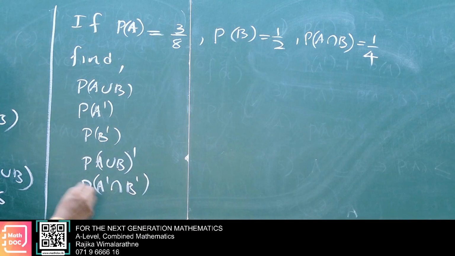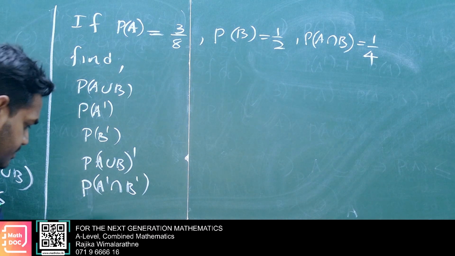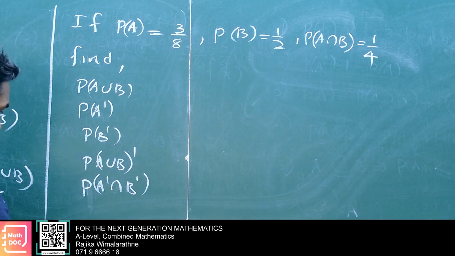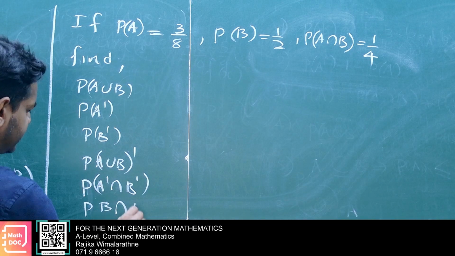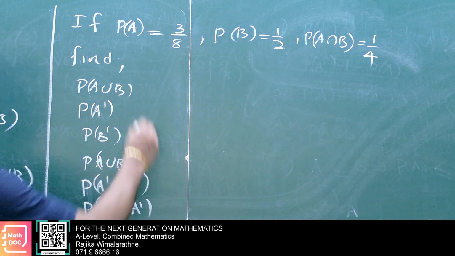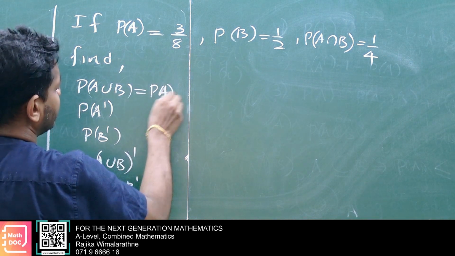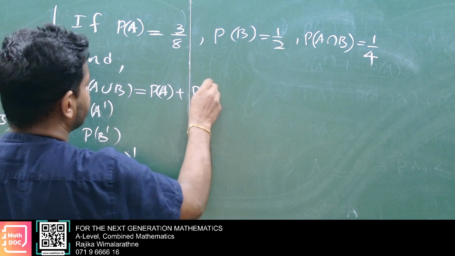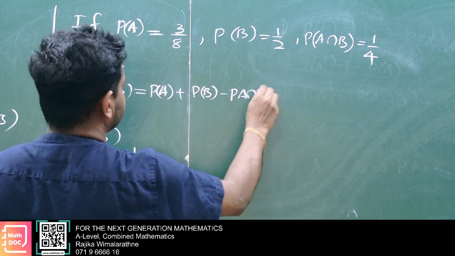Do it alone, do it soon. P(B intersection A dash). You directly apply theorems: P(A union B) equals P(A) plus P(B) minus P(A intersection B).